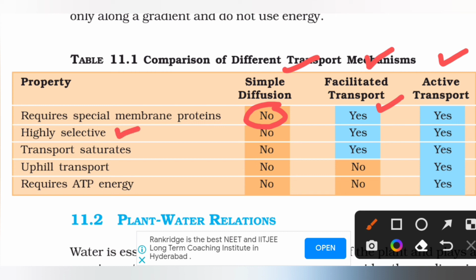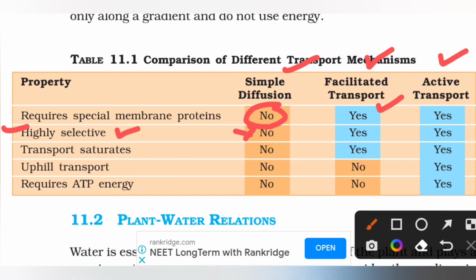If the carrier protein is present, then it is highly selective to that particular molecule. When there are no carrier proteins, there is no question of selecting the molecule. Hence in diffusion there is no such process. In facilitated transport, yes, it is highly selective. Here also the transport proteins or carrier proteins are highly selective.